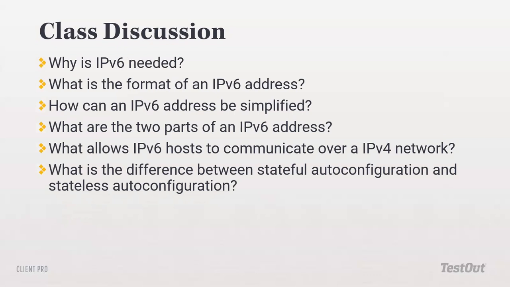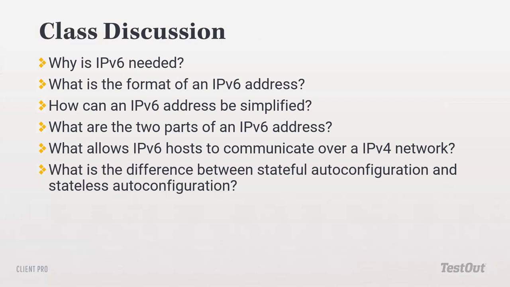And then to finish up section 7.4 here, why is IPv6 needed? We needed more addresses. We needed more security. We needed more efficient transmission. The format is a total of 128 bits, or 8 groups, but 16 bits inside each one of them.